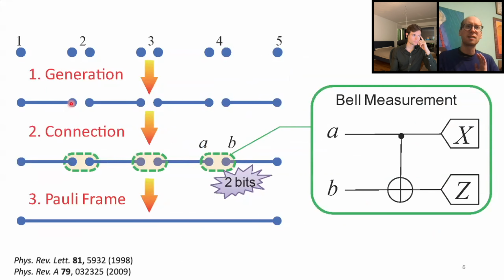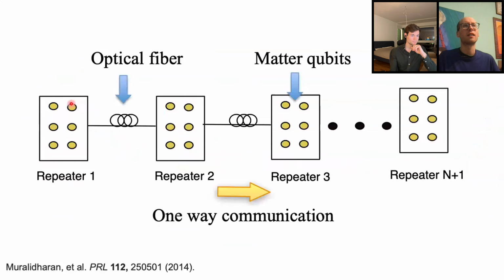So this new approach of using one-way communication with error correction is precisely the idea that you never need to communicate back, not because you cannot, but simply because if repeater 1 needs to do something adaptively based on that information, then the process would be much slower. So this architecture is supposed to be much faster than this one.